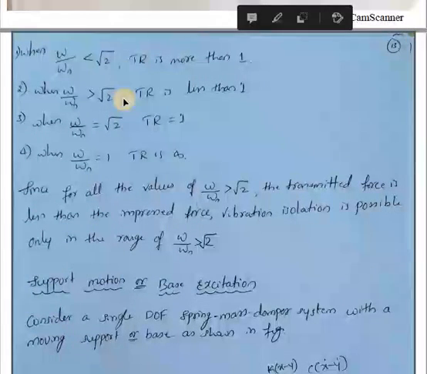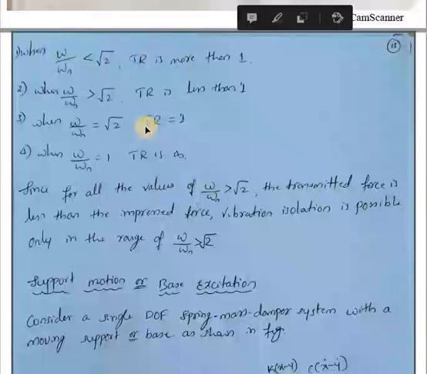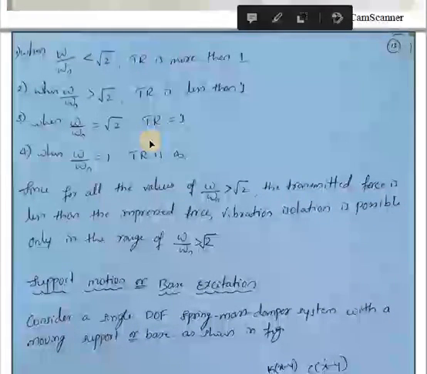When omega by omega n is equal to root 2, the transmissibility ratio is equal to 1. Therefore, the transmitted force is equal to the impressed force. When omega by omega n is equal to 1, the transmissibility ratio will be infinity. That is, the transmitted force is infinite in nature.